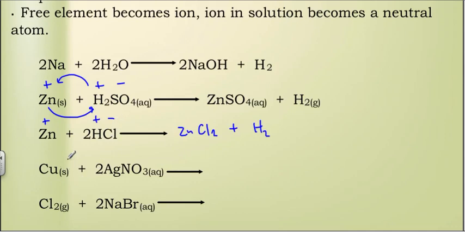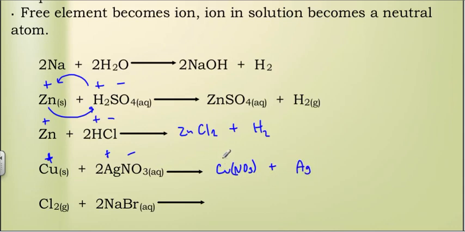If I do the next one, this copper is positive, silver is positive, and NO3 nitrate is negative. So what's going to switch? It's going to be the 2 positive ions, so it'll be copper nitrate, in parentheses, plus silver.